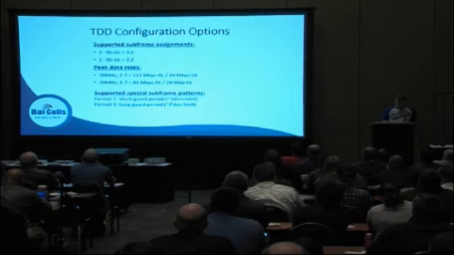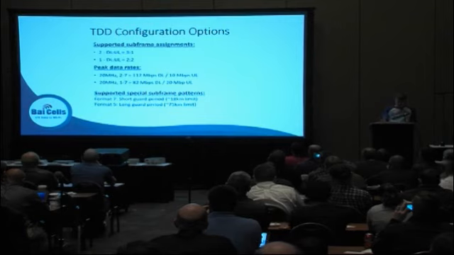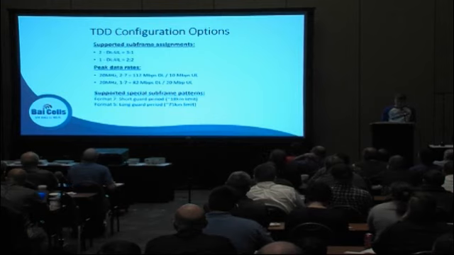Okay, and this kind of dives into that too. So you have the subframe assignment, which is by default set to 2, and this gives you more subframes on the downlink. If you need more uplink, you could change this to 1. And I put the peak speeds of what that looks like.